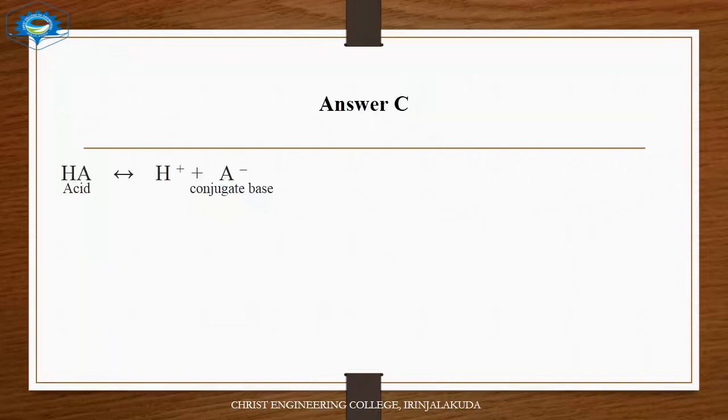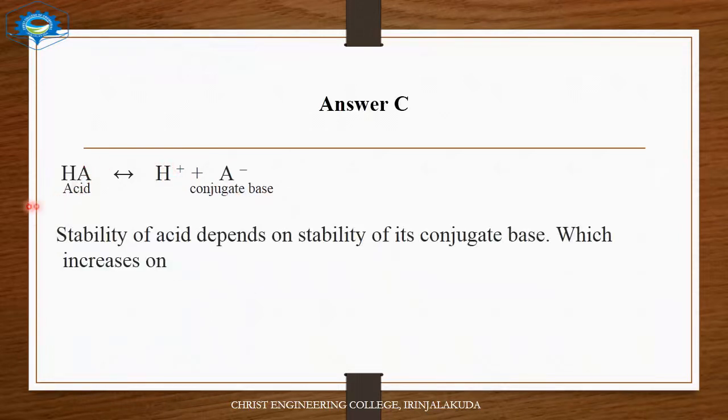Acidic strength depends completely on the stability of this conjugate base. As the stability of the conjugate base increases, the acidic strength also increases.